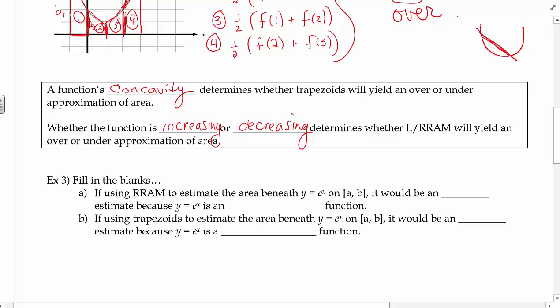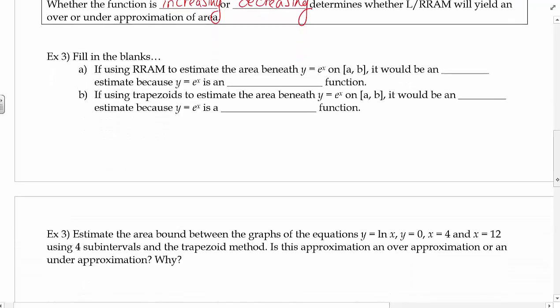Okay. So if we came down here and filled in these blanks, if using R RAM to estimate the area beneath y equals e to the x on an interval from a to b, it would be an overestimate, because if I drew in a right-handed rectangle, it goes over the top because e to the x is an increasing function.